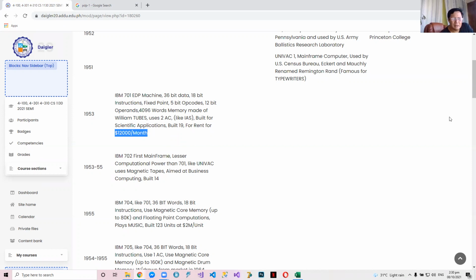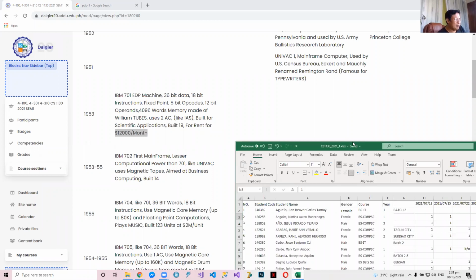$12,000 a month. Yes. Sir, I have a question. What are the 12-bit operands for? Are the operands like the add and subtract? The addresses. Because you have load M of Y, right? Y is 12 bits. How many addresses can we compute from that? For 12 bits, 2 to the 13 minus 1. Can you compute that?